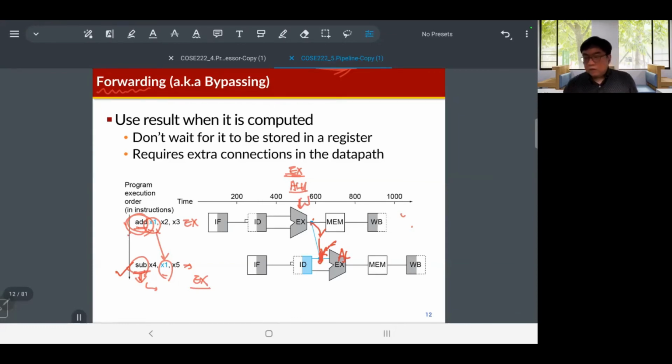The main concept of forwarding is that when the data is required and it is not found in the register file, but is found in any location of the processor because the data is already produced, then the processor can utilize this already produced data. That is the basic concept of data forwarding. And with data forwarding, we can avoid the waste of clock cycles caused by data dependencies.